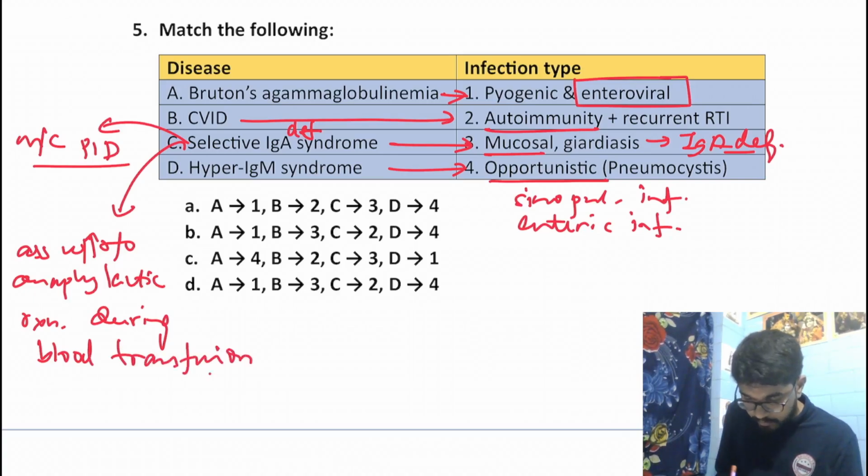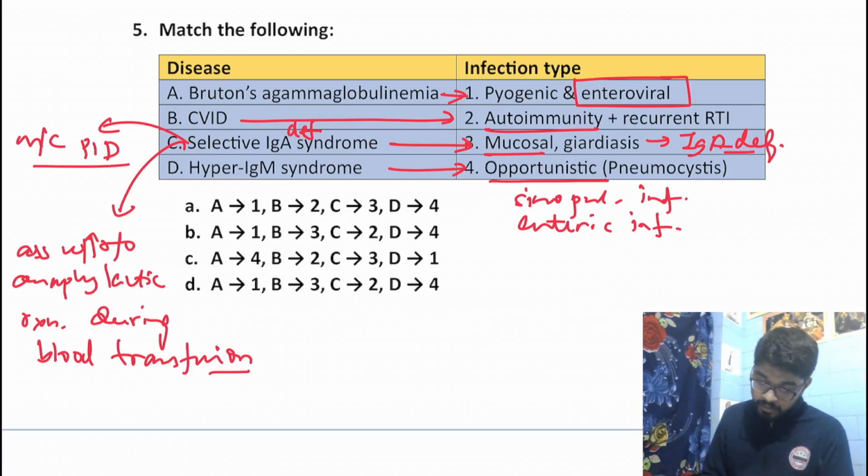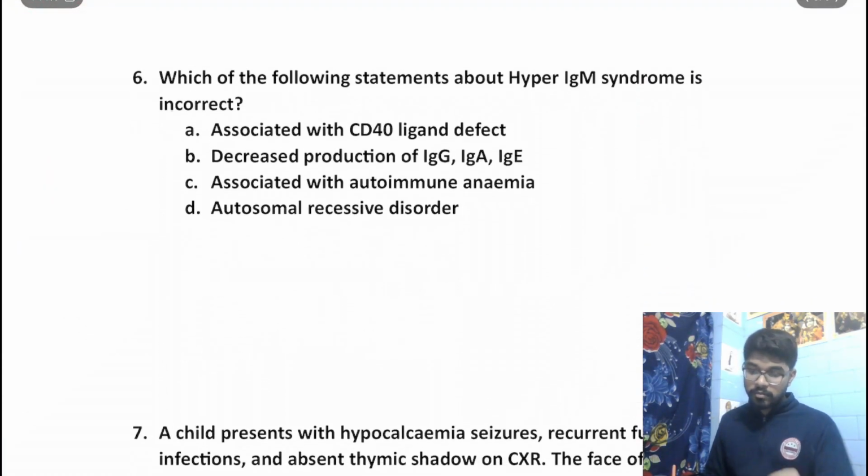During blood transfusion, a deficient IgA is a risk factor for increased incidence of anaphylaxis, right? And it is the most common primary immunodeficiency. So our answer would be A1, B2, C3, D4. Answer would be A. Okay. Moving on to the next question.